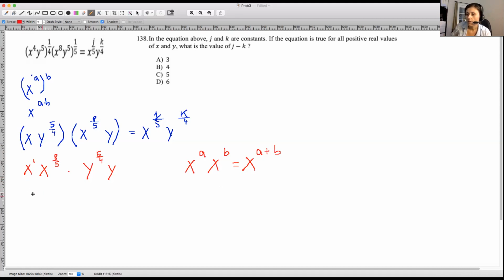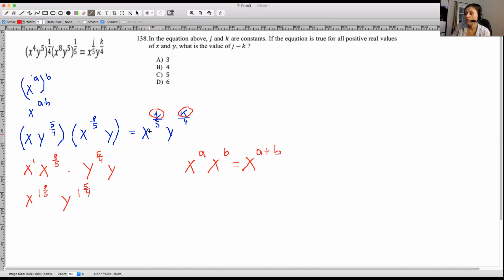Okay, so that's what we're going to do. It's just basically going to be x to the power of 1 and 8/5. We're going to simplify it later. And then y to the power of 1 and 5/4. Okay, so now what they want us to know is j and k.